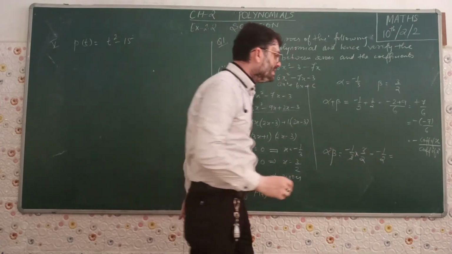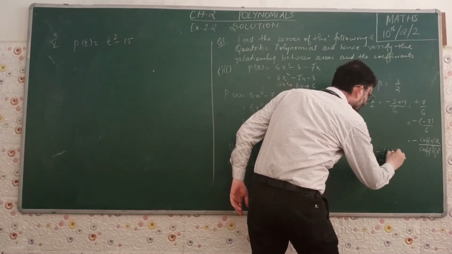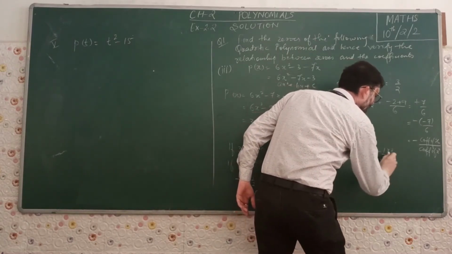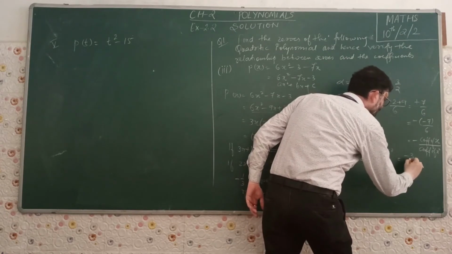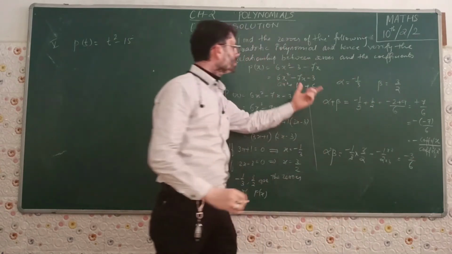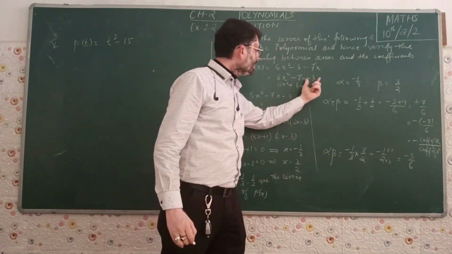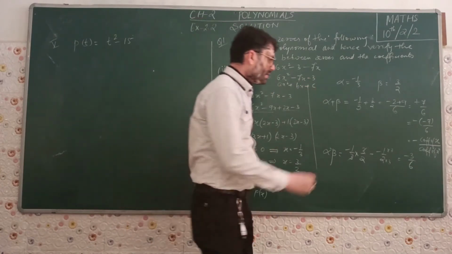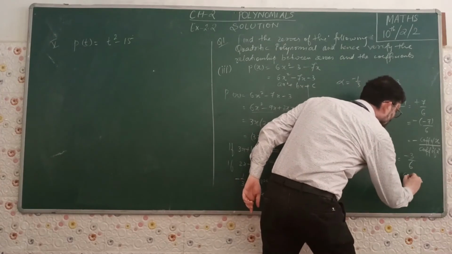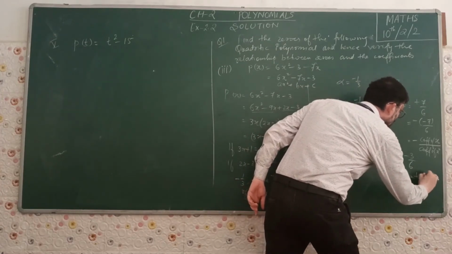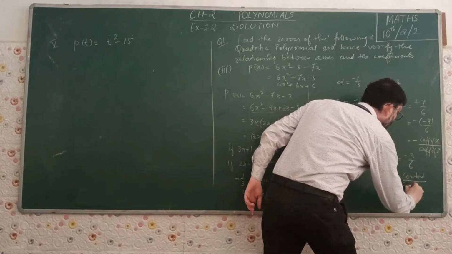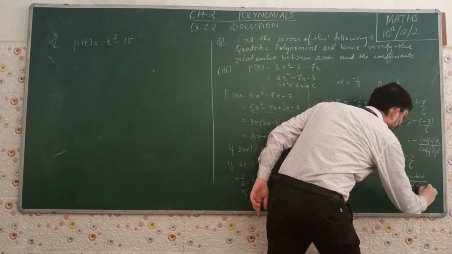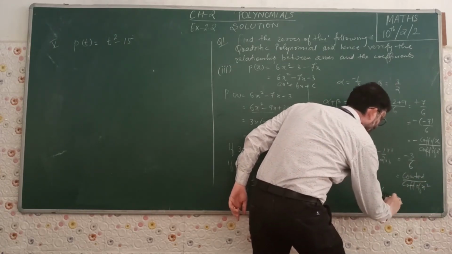So let us arrange it. Multiply here 3 and multiply here 3. You can get this one as minus 3 upon 6. Now you got that is c. This c is minus 3 and that 6 is the coefficient of x squared. So you can write this is equal to constant upon coefficient of x squared, and hence verified.